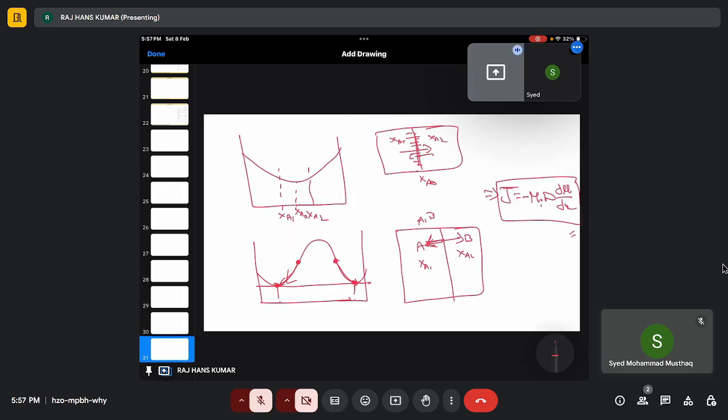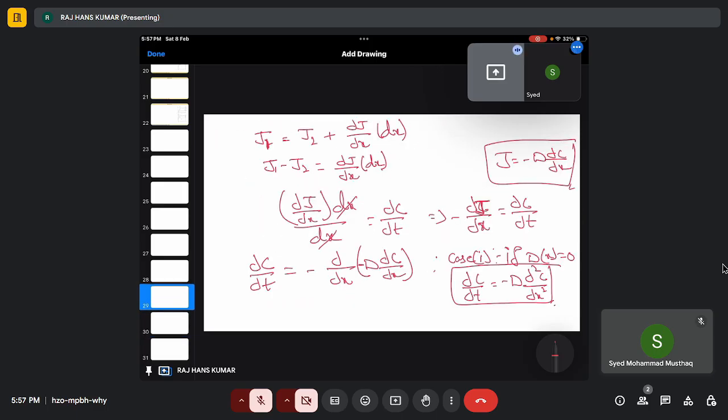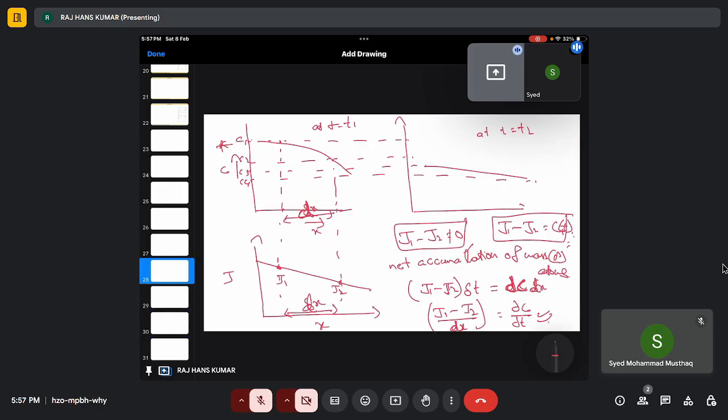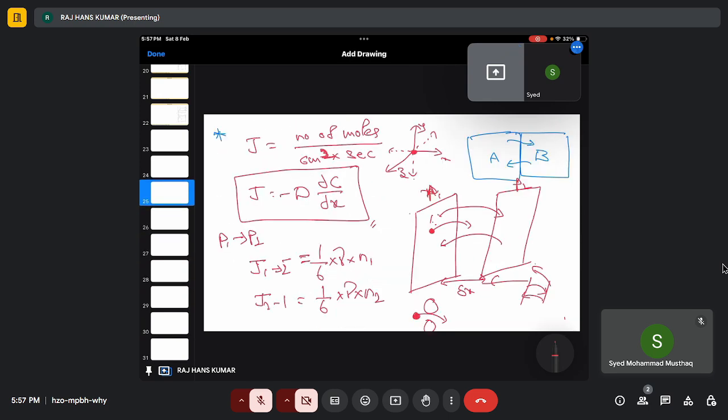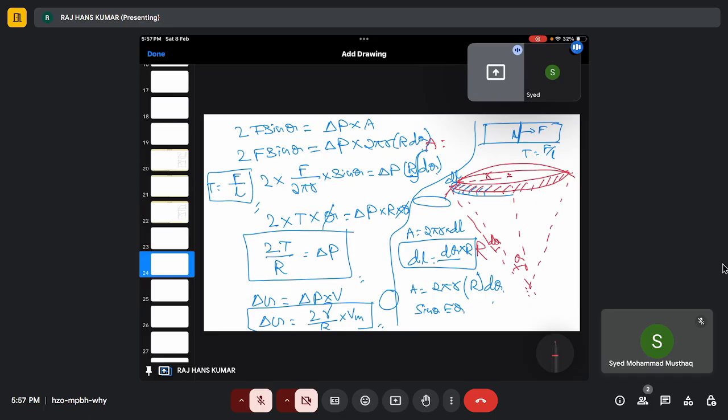We have covered diffusion and little bit pieces of diffusion, and then we derived delta G, the excess free energy for formation of new surface, right?